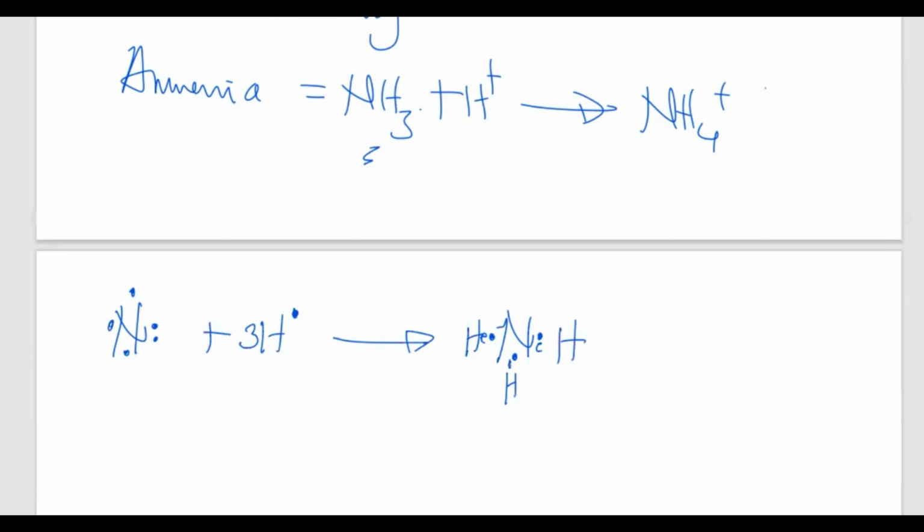But now, to form a dative bonding, I repeat, dative bonding, it means that I'm going to add this with this. But remember, I've used 1, 2, 3. It means that I'm remaining with these 2 lone pairs. So when I add a hydrogen, this hydrogen has no electron. Check. It's positively charged. It has no electron. It means that the electrons which are going to be used in the bonding are going to come from one atom, which is nitrogen.